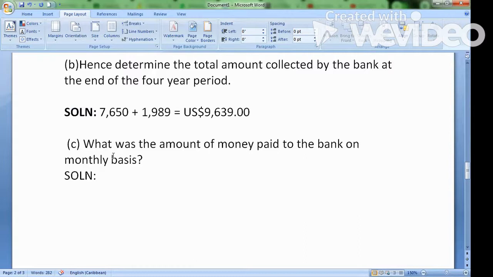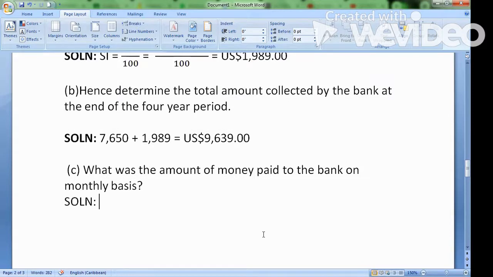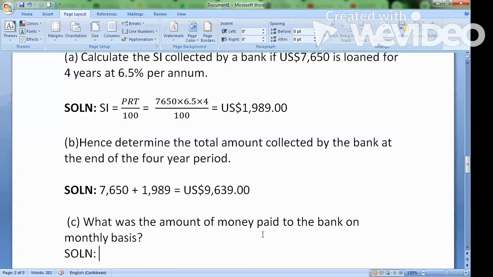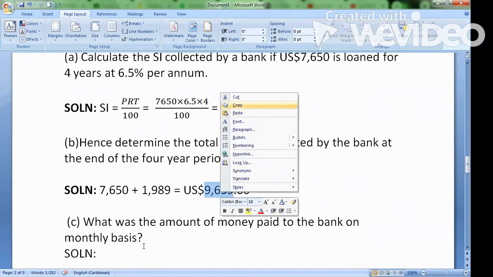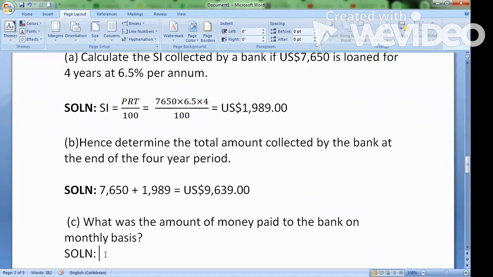All right, part C. What was the amount of money paid to the bank on a monthly basis? You divide the 9,639 by 12, sir. All right, you almost caught it. It wouldn't be 12. On a monthly basis, but how long did you borrow the money for?